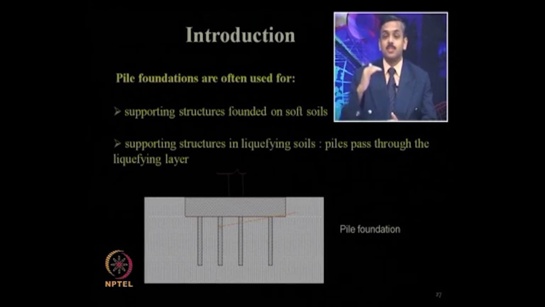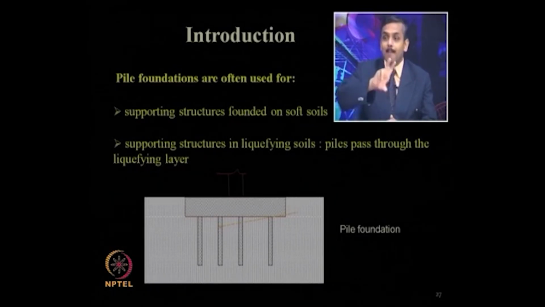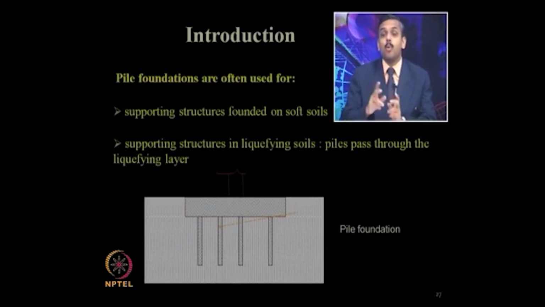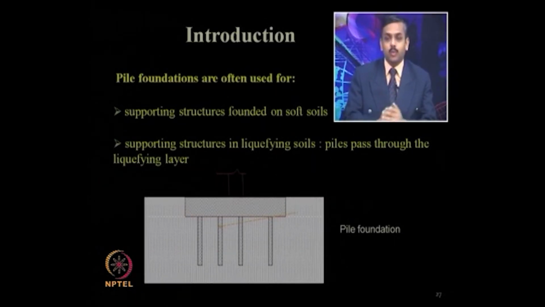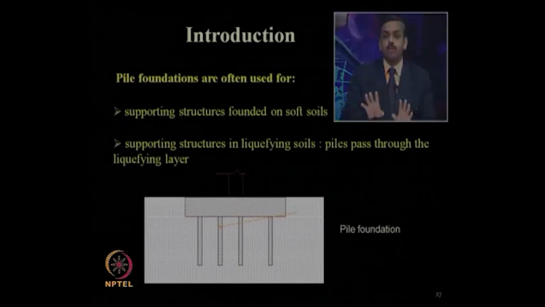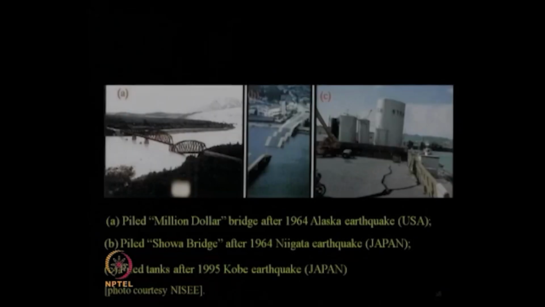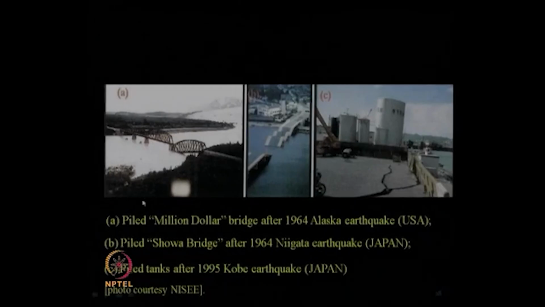That lateral seismic inertia force will cause extra lateral loading on this pile foundation, and if your pile is not designed properly to take care of those extra lateral loads, obviously it is going to bend excessively and finally fail, or it is going to displace excessively and finally fail. So, these are another mode of failure for the pile during the earthquake condition. These two are the major things anybody trying to design any pile foundation needs to take care of. So, let us discuss the design philosophy etc.